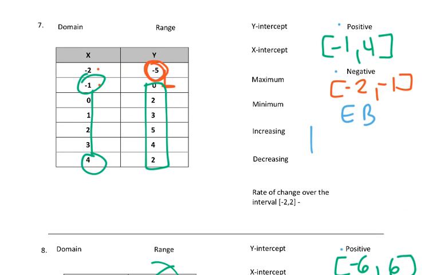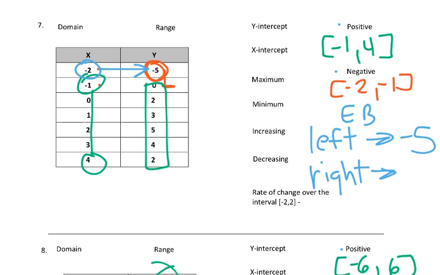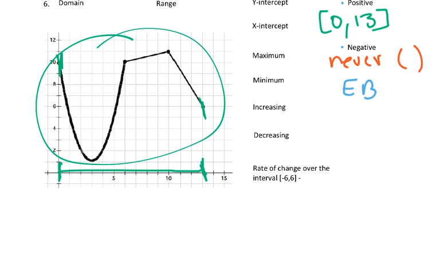Number 7, as it goes left and as it goes right. So negative 2 goes to negative 5, and positive 4, the rightmost point, goes to 2. In our graphs, same idea. As it goes to the right, we hit this point, which is 6, so right goes to 6.